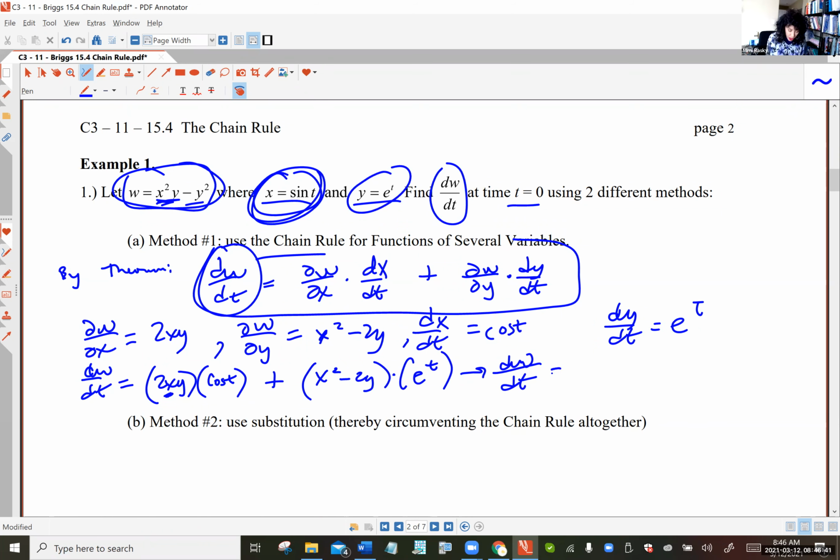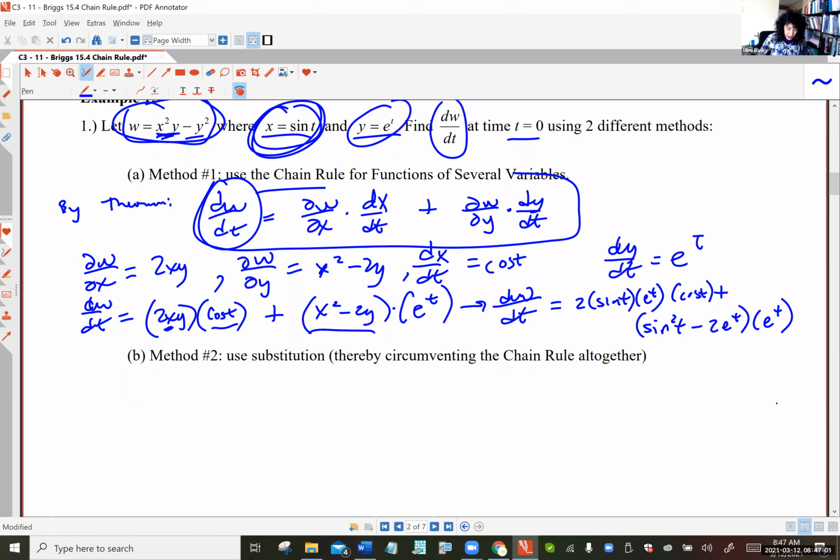So 2xy becomes 2 times sine t, e to the t, and then you multiply that with your cos t. Plus, x squared minus 2y becomes sine squared t minus 2e to the t, and you multiply that with e to the t. And I can clean this up a little bit to make it look a little prettier.